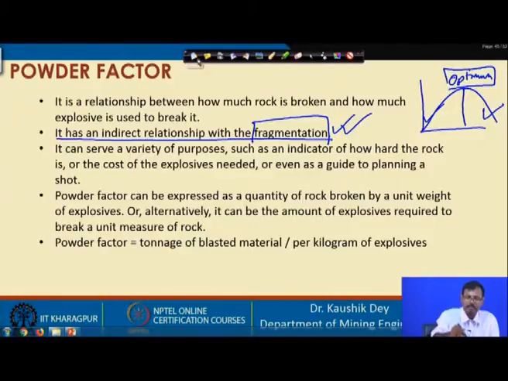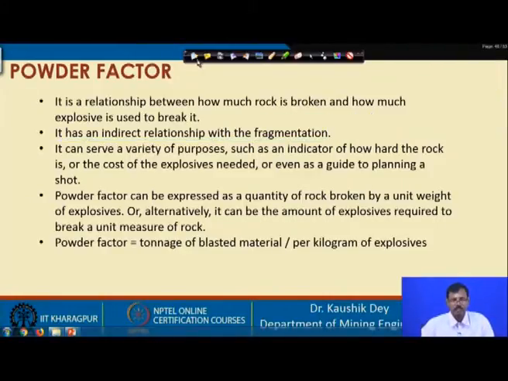So, that is why fragmentation is very important, and it has an indirect relationship with the powder factor. So, powder factor must be calculated only in the case where the fragmentation achieved is to our satisfaction.